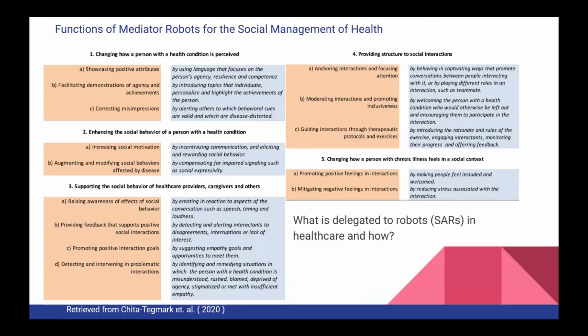Changing how a person with a health condition is perceived is one of them. The second is enhancing the social behavior of a person with a health condition. The third one is supporting the social behavior of healthcare providers, caregivers, and others. The fourth one is providing structure to social interactions. And the fifth one is changing how a person with chronic illness feels in a social context. So these actions are delegated from humans to robots, social robots in healthcare.